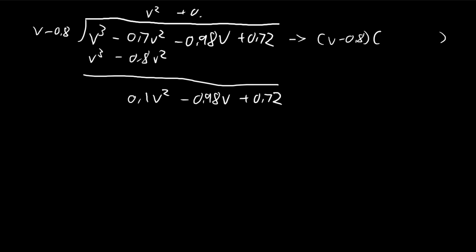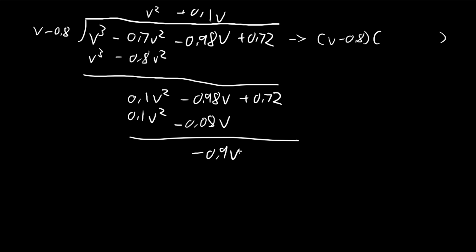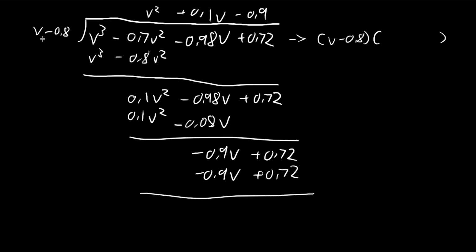And then for the second term, we'll put 0.1 v, and that would give us 0.1 v squared minus 0.08 v, just giving us negative 0.9 v plus 0.72, and then the last term will be negative 0.9. So negative 0.9 v, and 0.9 multiplied by 0.8 is exactly equal to 0.72. So you find that this is divisible, which it should be, because we know that 0.8 is a solution. So this polynomial here becomes v squared plus 0.1 v minus 0.9.